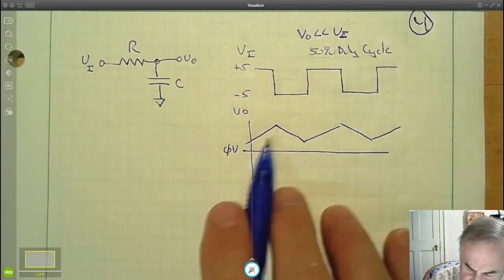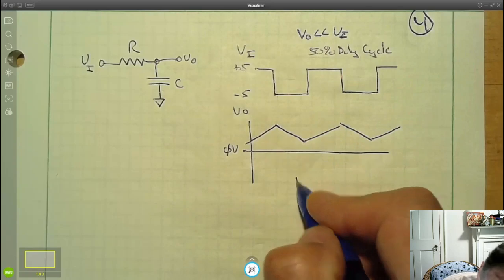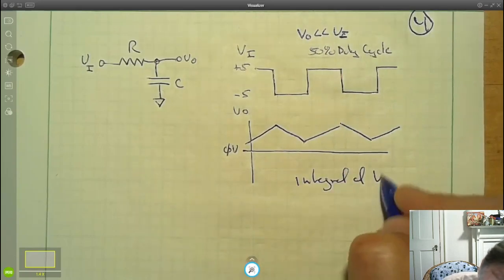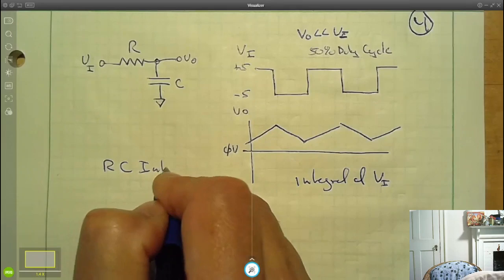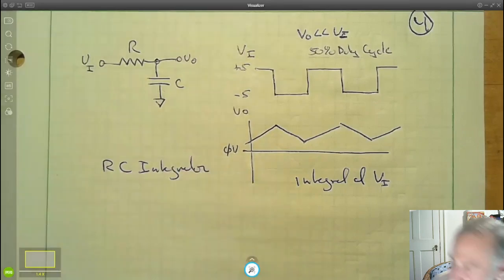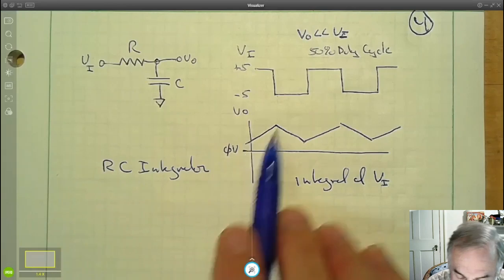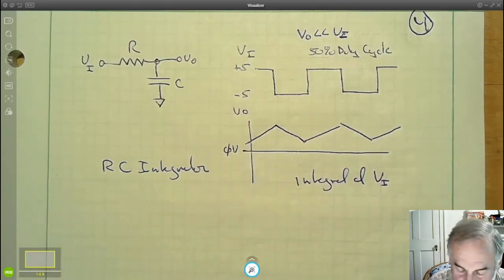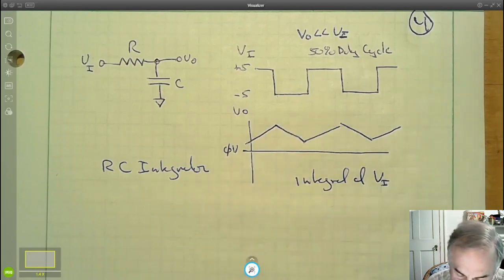Well, what does this look like? It looks like the integral of that. And in fact, this is called an RC integrator. And as long as we make R and C big enough, V out will change very little, and it will be essentially linear for a constant input voltage.